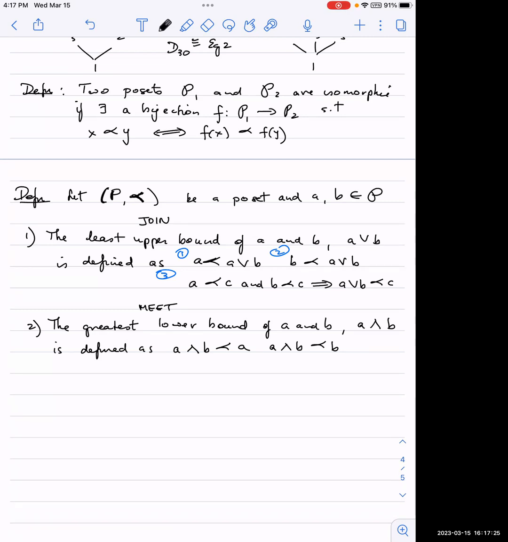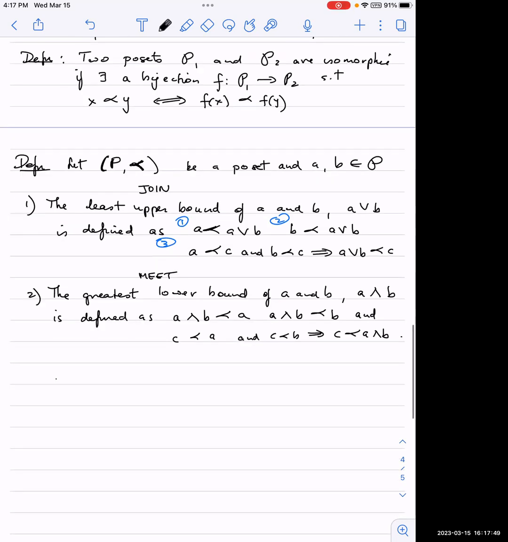I use it interchangeably. It's whatever the relation is. And if C is less than A and C is less than B, then C is less than A and B. And you have A and B, so that would be a join, and this would be a meet.